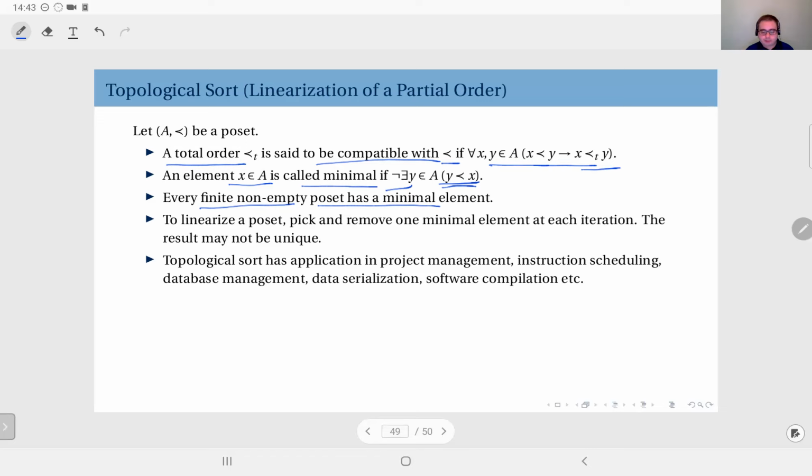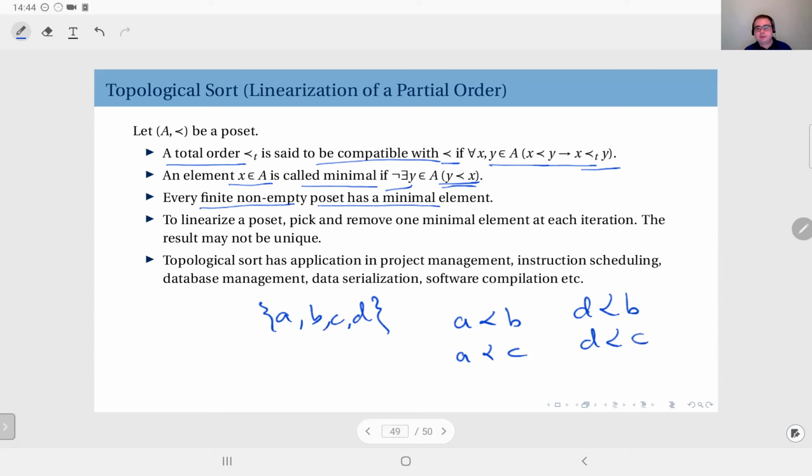Okay, for instance, if you define your relation like A less than B, A less than C, let's say your set is A, B, C, A is less than B, A is less than C, or let me add another element, D, and D is also less than B, D is also less than C, okay?